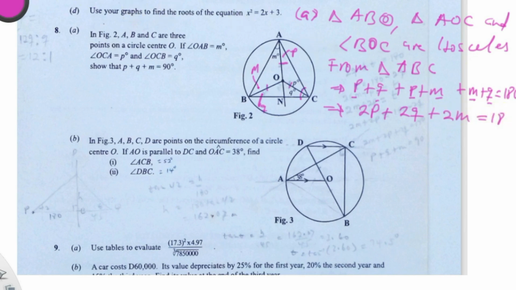We divide through by 2. If you divide through by 2, we get P plus Q plus M is equal to 90 degrees. Hence the proof. So we have shown that P plus Q plus M is equal to 90 degrees.